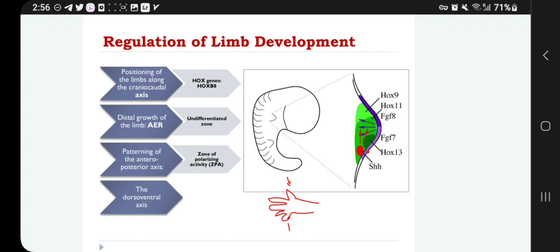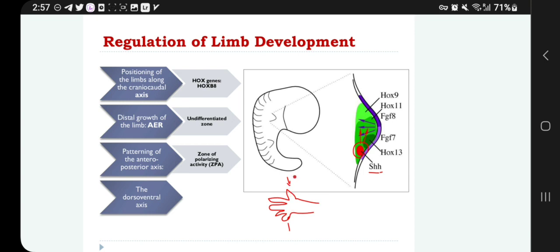We say that the area is the polarizing activity zone, the polarizing activity zone that expresses sonic hedgehog. That determines for you that the little finger is in the medial, and that's the organization of the fingers.